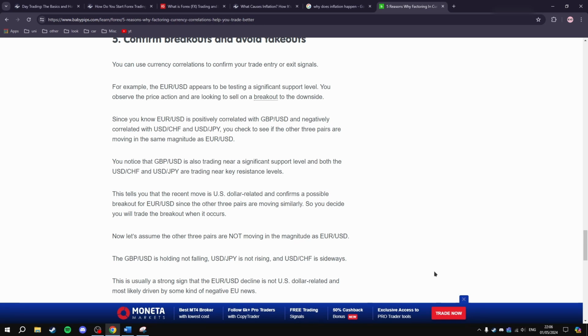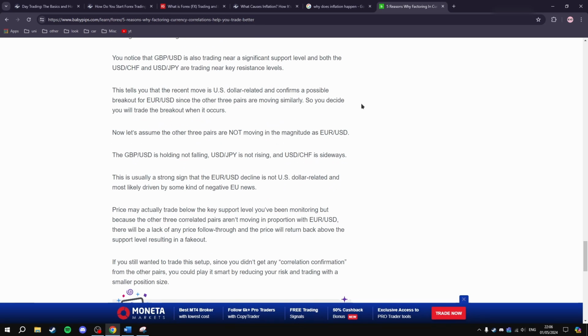You notice that GBP USD is also trading near a significant support level, and both the USD CHF and USD JPY are trading near key resistance levels. This tells you that the recent move is US dollar related and confirms the possible breakout for Euro USD since the other three pairs are moving similarly, so you decide that you will trade the breakout when it occurs.